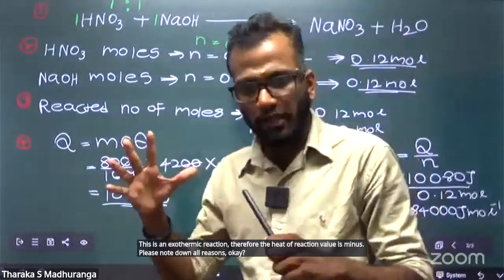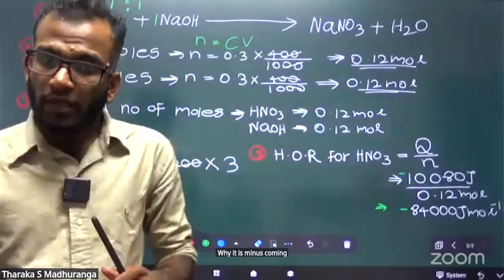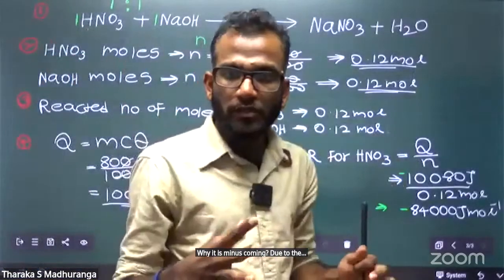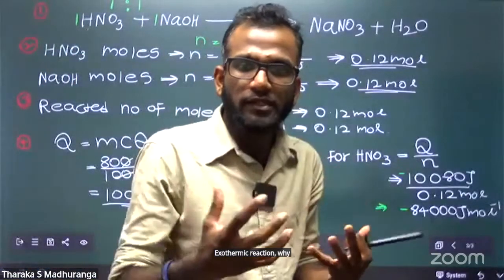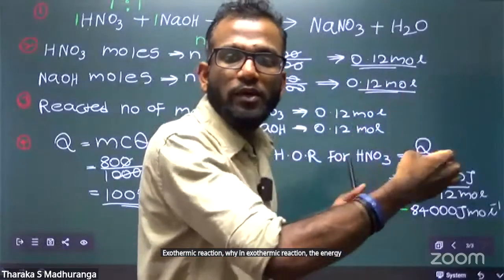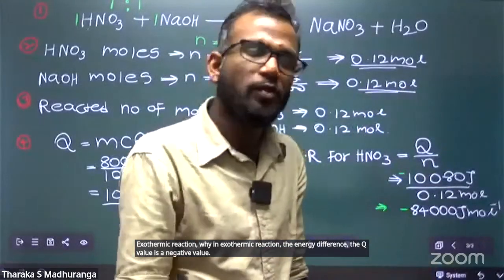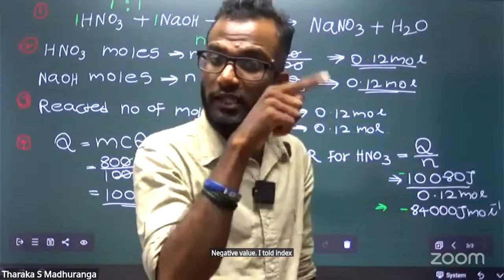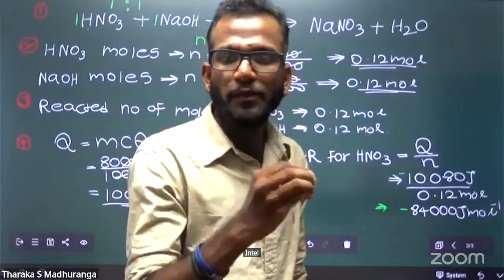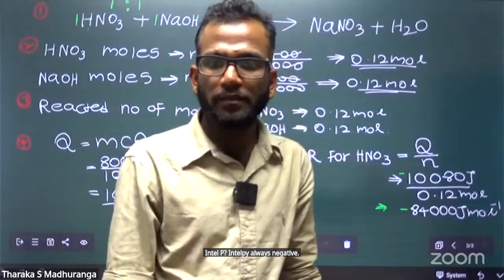Okay, why is it negative? Due to the exothermic reaction. In an exothermic reaction the energy difference, the Q value, is a negative value. I told you in an exothermic reaction delta H, the enthalpy, is always negative.